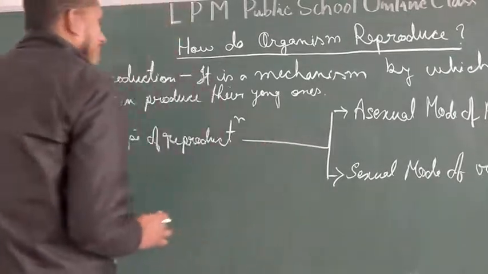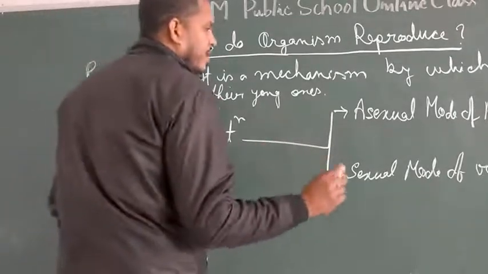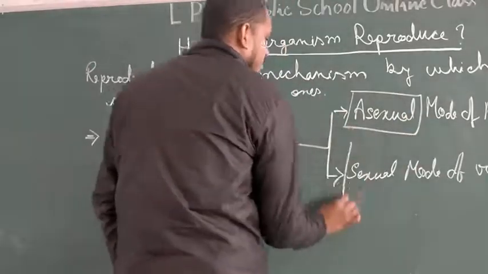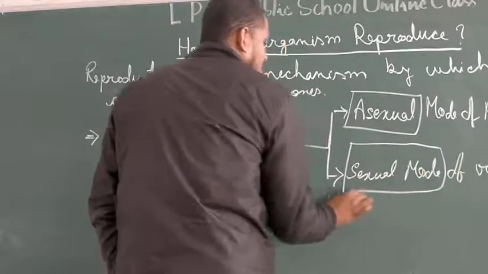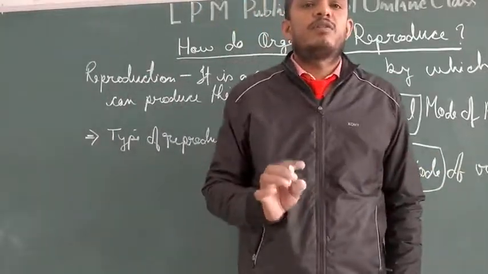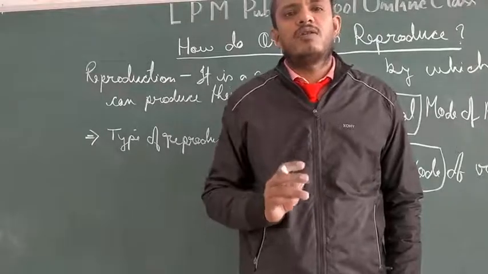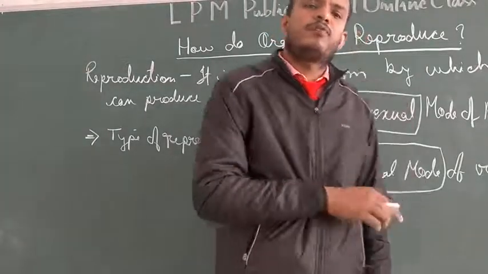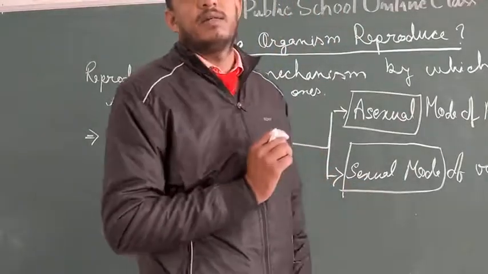Now, when we are going to talk about the asexual mode and sexual mode of reproduction, what is actually the basis of classification, or what is the basis for the organism to adopt one of these two methods?